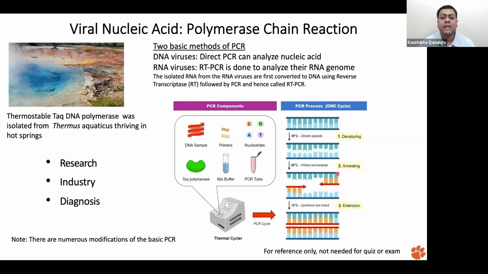If the sample does contain herpes virus DNA, these primers will bind to the specific genes they are complementary to. Then you synthesize the strand, and from one strand, with the help of these primers, it will form two, and you cycle them for 35 cycles. You will get billions of copies of that.